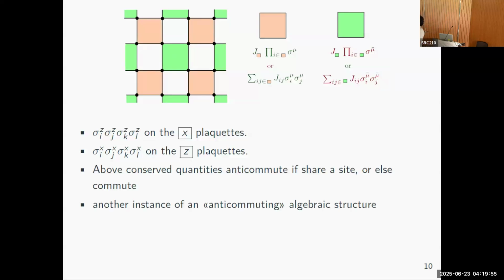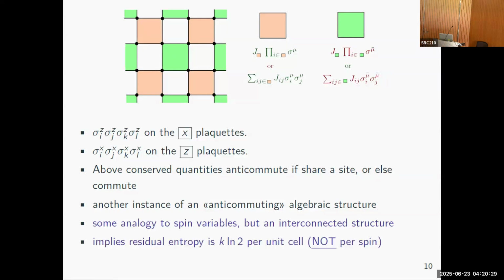Now you can immediately see that whenever two such plaquettes share a site, these two quantities are not going to commute, but rather they are going to anticommute. Of course, when they are far away, they do commute. So this is another instance of an anticommuting algebraic structure. And because of the construction of the model, there are no local site conserved quantities. So it's a fully quantum mechanical system from that point of view.